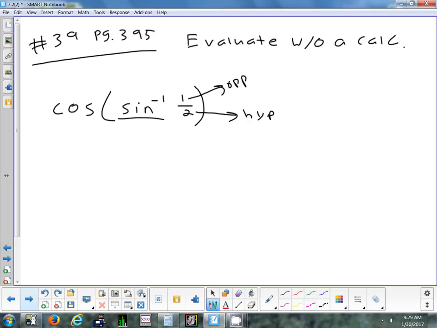What side would you need to find, because in the end they want to know this? Adjacent. Once you get used to this, this is how I would do the problem. I put theta here. I would just say, okay, opposite is 1, hypotenuse is 2. Use Pythagorean Theorem to find that, and then I'm done. I go right to the picture. But if you want to do those 2 steps before the picture, you can.